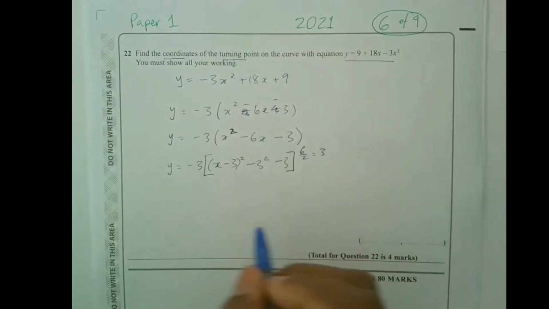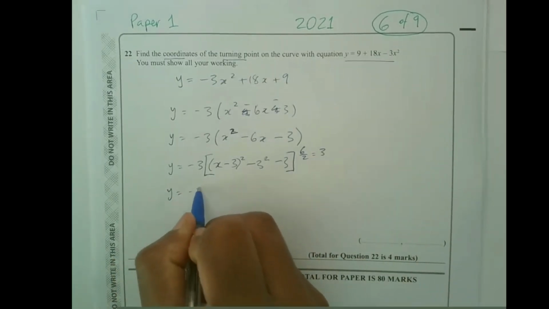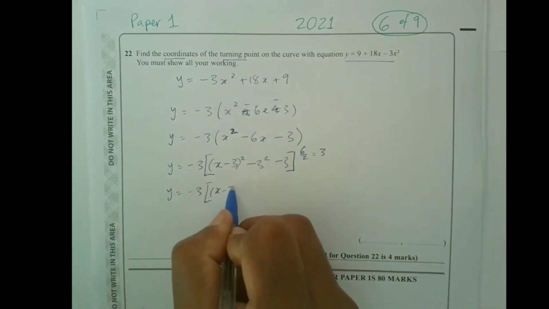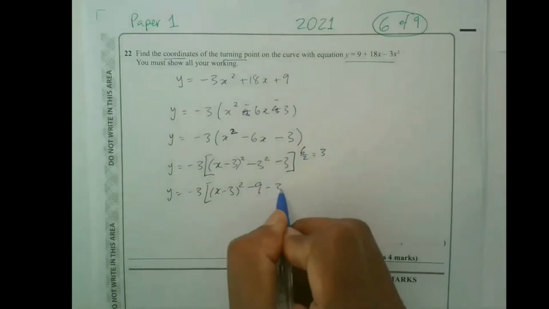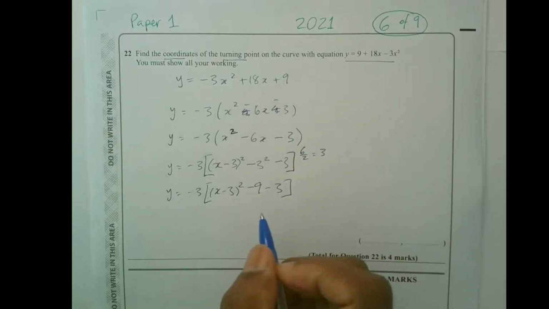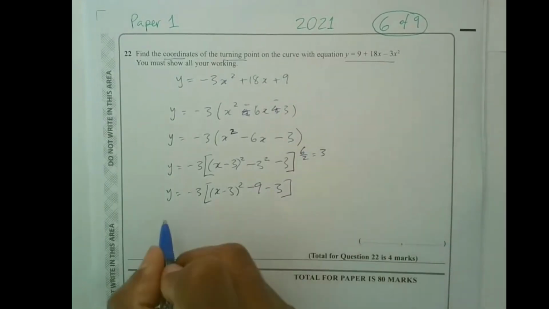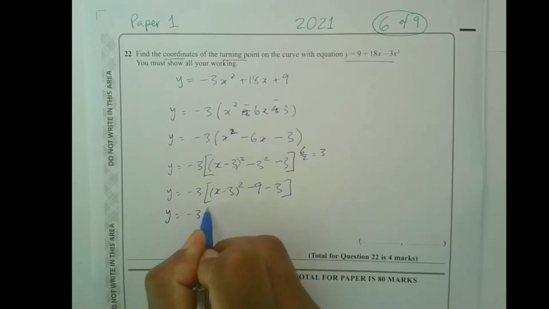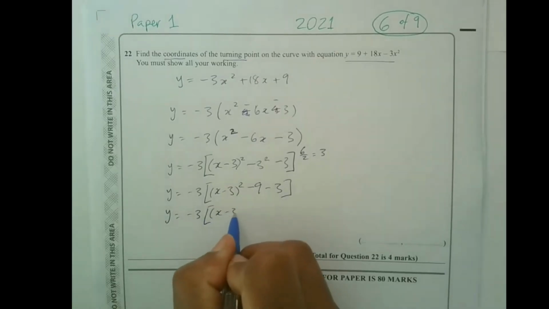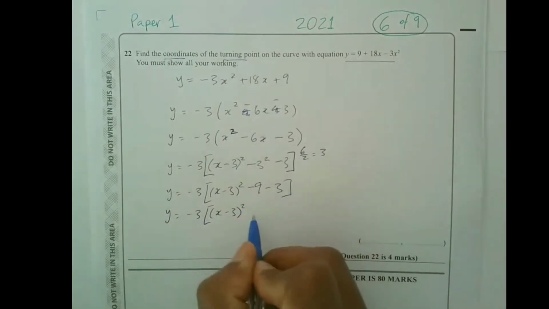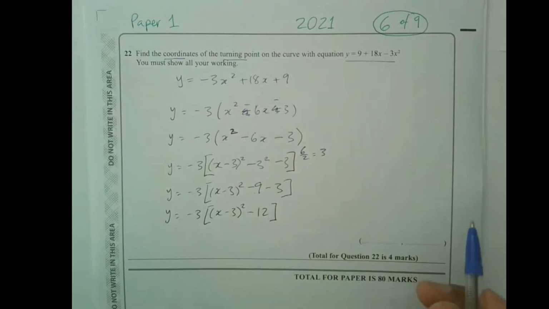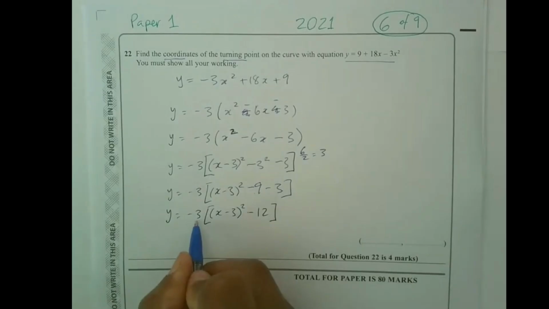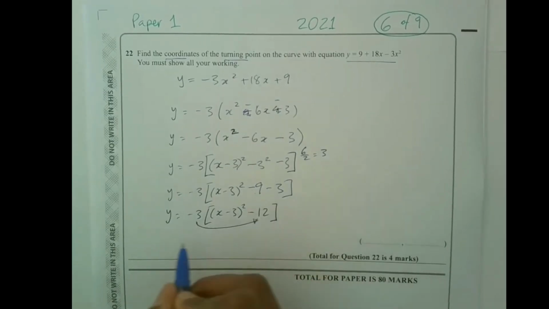Okay, now I can continue simplifying. Minus 3, x minus 3, minus 3 squared is 9, minus 9 take away 3. So now that gives me x minus 3 all squared, minus 9 take away 3 is minus 12. Okay, and now I'm going to do what I did previously, and expand this part out.